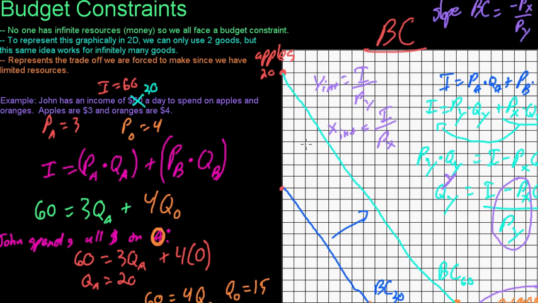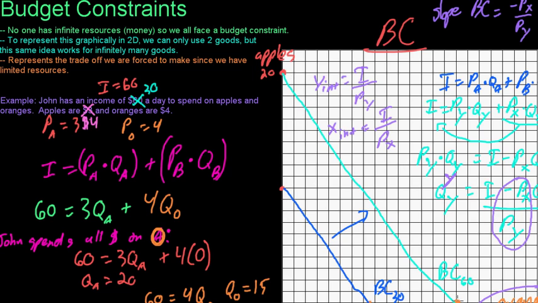let's say that apples now get more expensive. So let's say apples now also go to $4. Well, if apples go to $4, then we know that they are going to have the exact same intercept as oranges because we already found that out.